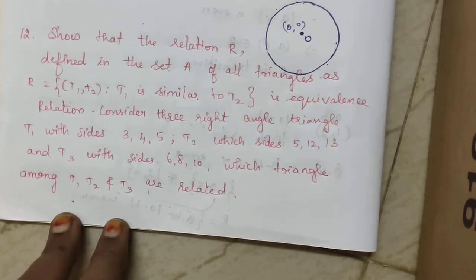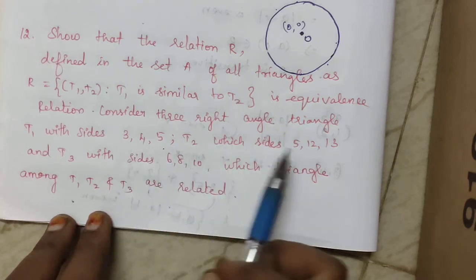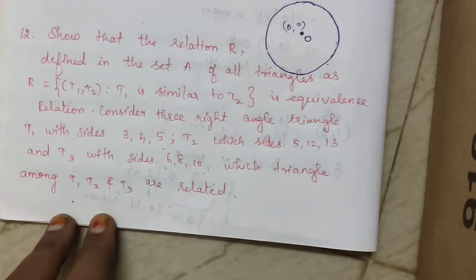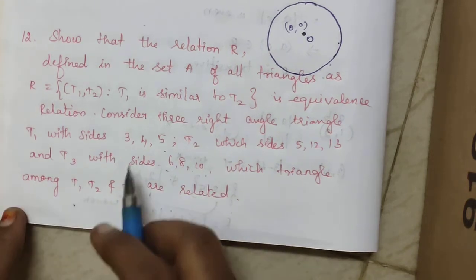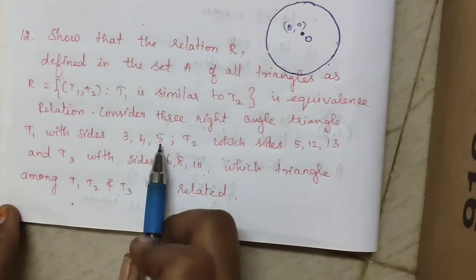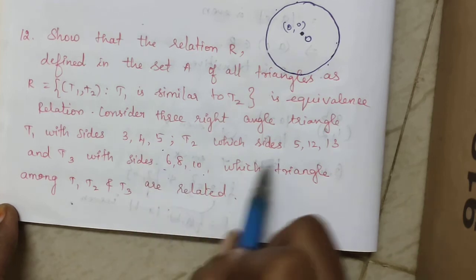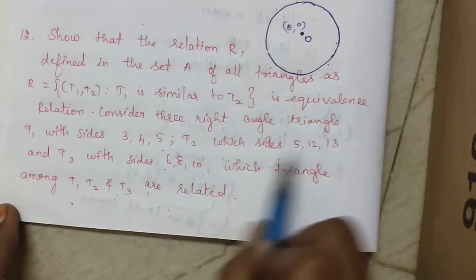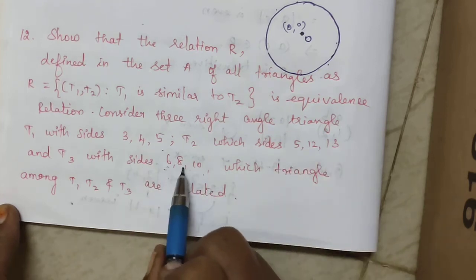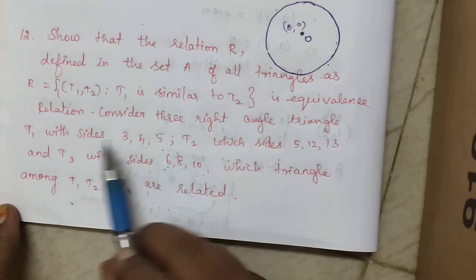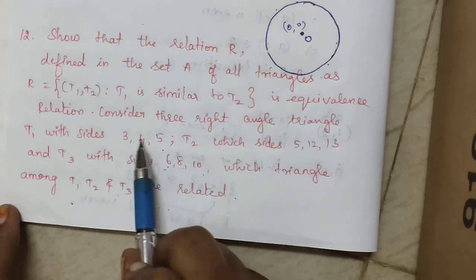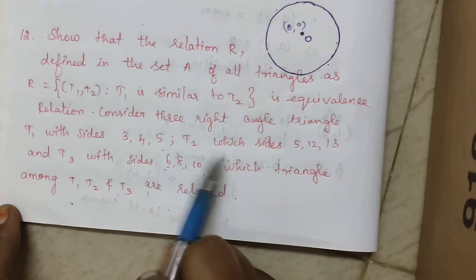Only when the sides are proportional can we say that the triangles are similar. Now compare the sides. Which sides will be proportional? Here it is 3, 4 and 5, here 5, 12, 13, and here 6, 8 and 10. Compare T1 and T2: whether these two are proportional.